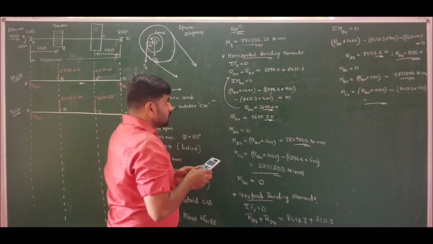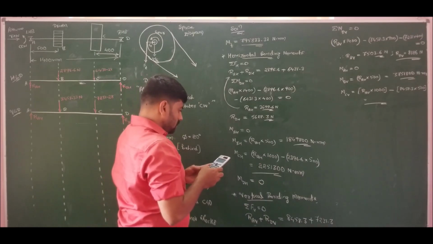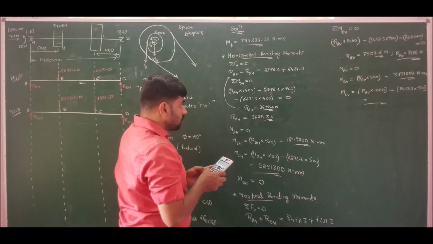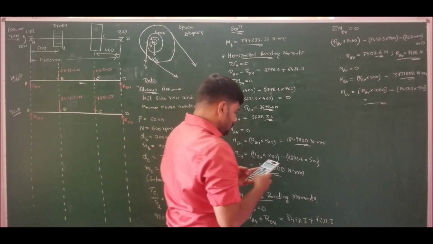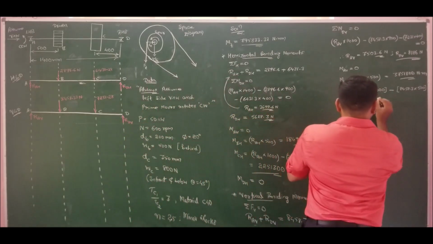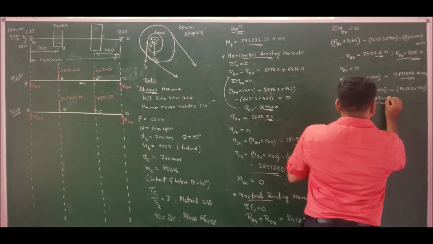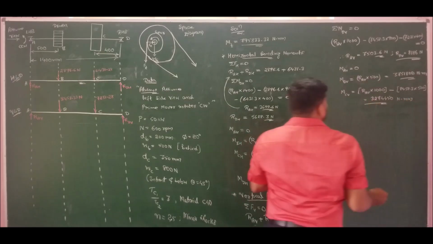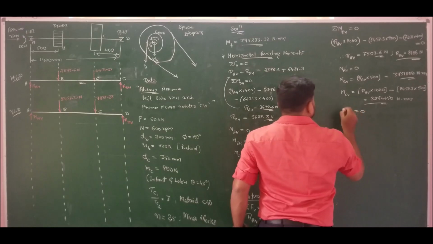Here I get 7503.6 into 1000 minus 8458.3 into 500, which is turning out to be 3274450 Newton millimeters. Now moment about D vertical should be equal to 0.